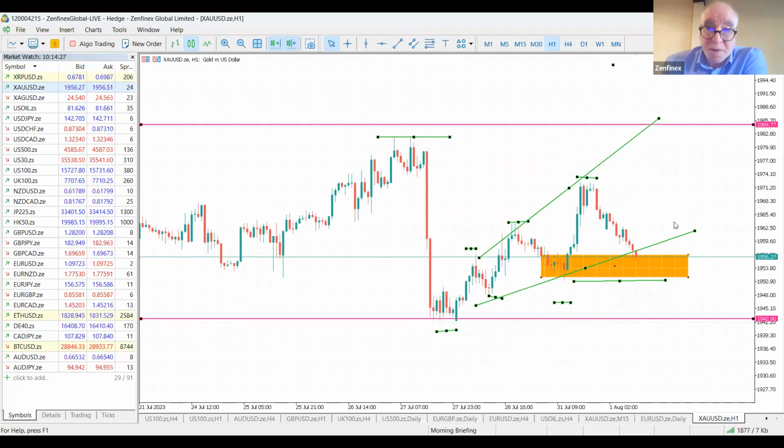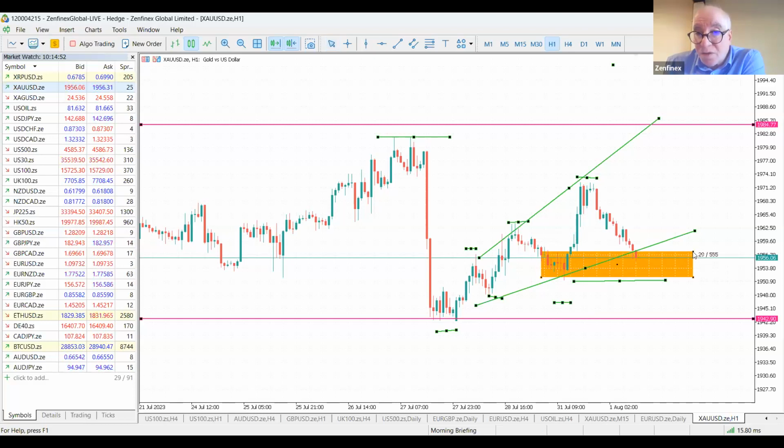From a trading perspective, I need to watch now to see how this price action behaves. We've identified this area here, right? We've identified that when it came down previously, it moved away rapidly from this orange highlight that I've got here. So watching that, it broke out.